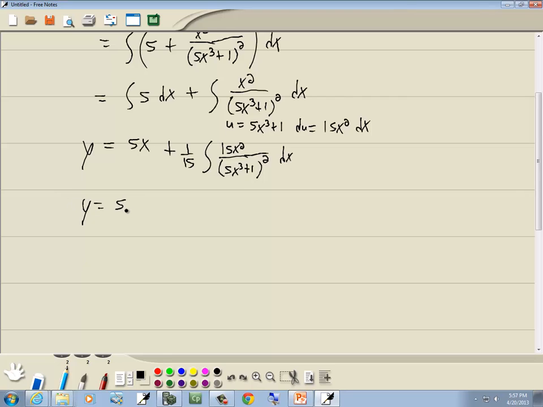So we got y is equal to 5x plus 1 over 15, and we're ready to do our u substitution. So this becomes 1 over u squared du. We replace the 15x squared dx with du, and this we replace with u. So that's going to give us 5x plus 1 over 15 times the integral of u to the negative 2 du.